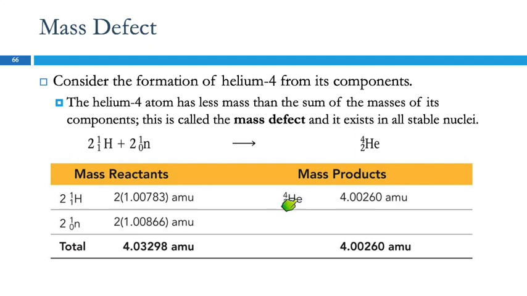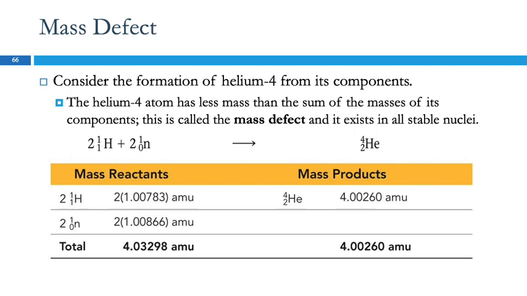But the actual mass of a helium nucleus is 4.0026. So when we put those pieces together, we're losing mass, right? That's the mass defect. Where does that mass go?